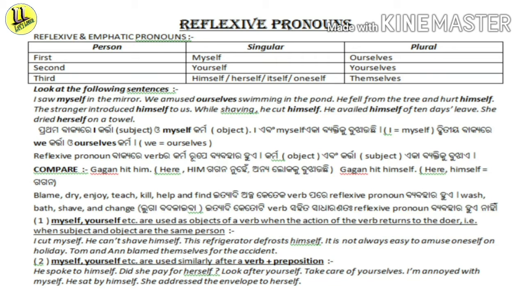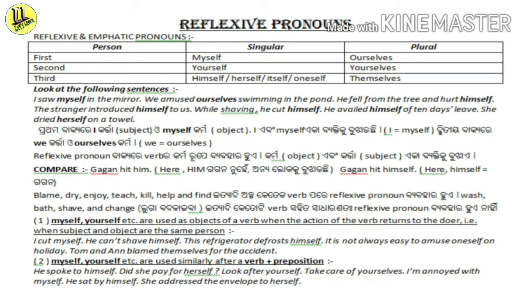I and myself are the same person. He can't save himself. This refrigerator defrosts itself. It is not always easy to amuse oneself on holiday. Tom and Anne blamed themselves for the accident. This is about myself, yourself, etc.